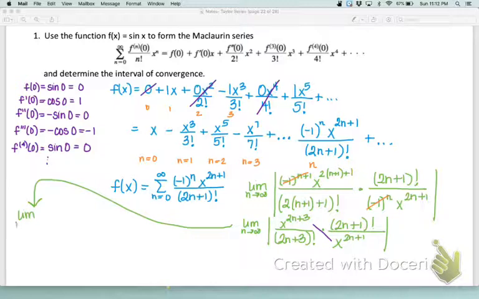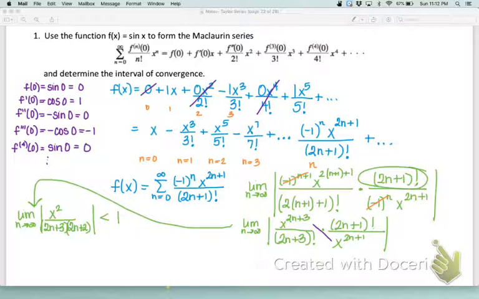So we have the limit as n approaches infinity of x squared over 2n plus 3 times 2n plus 2, and then 2n plus 1 factorial on down is going to cancel out with the 2n plus 1 factorial that we had. So this is what we had left. And according to the ratio test, in order for this to converge, we need this to be less than 1.